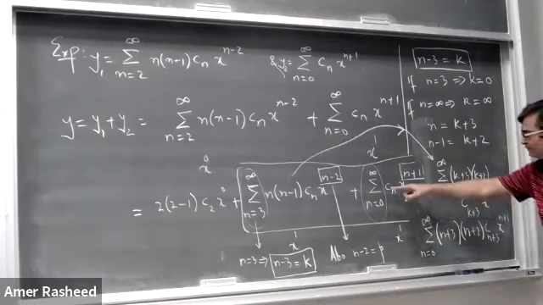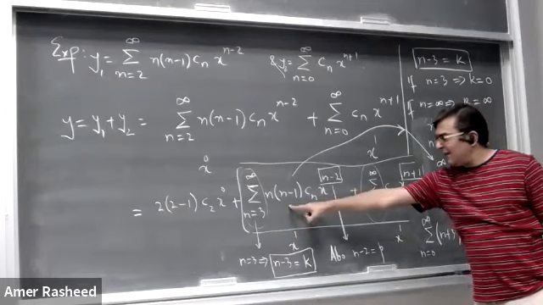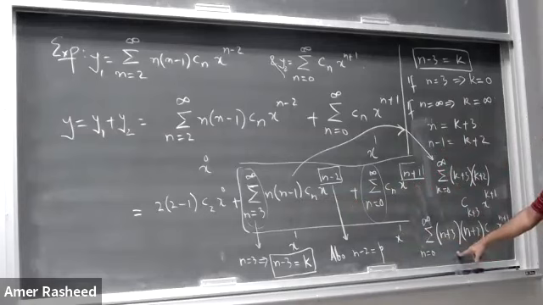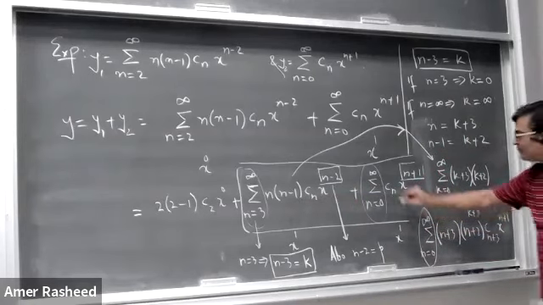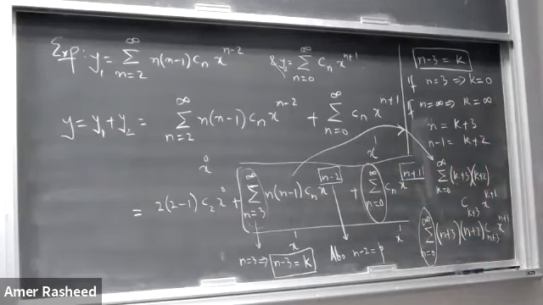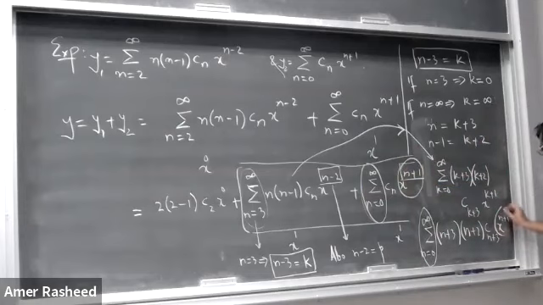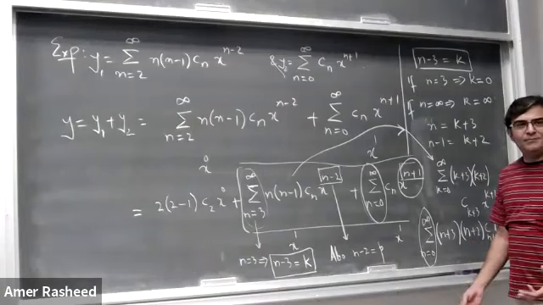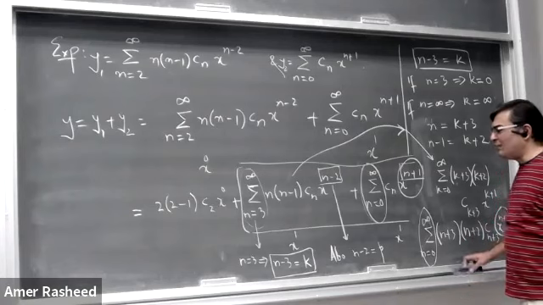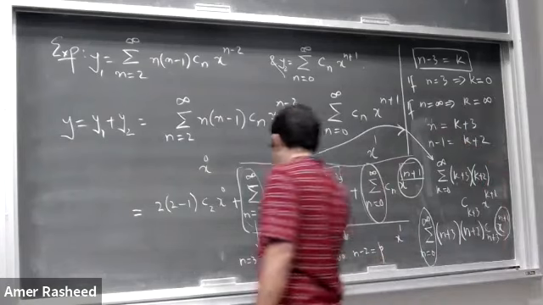Now you see, this series becomes this thing. Its summation term is equal to the summation term of the other, and its x power n plus 1 is equal to the x power n plus 1 of the other. Now you can sum them. We can find the sum easily.